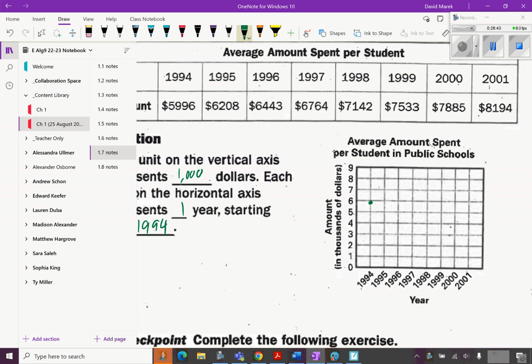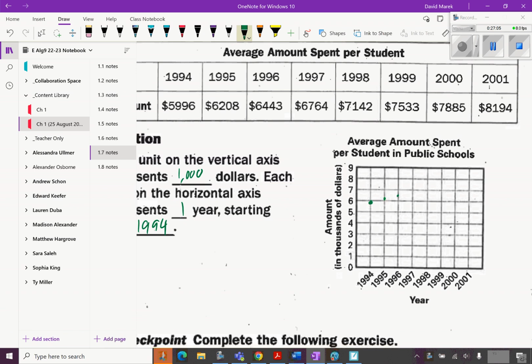So I'm going to put a dot there. For 95, it's 6,208. Now again, this little space here is $1,000. So 6,200 isn't up here. It's barely above the 6. 6,443.